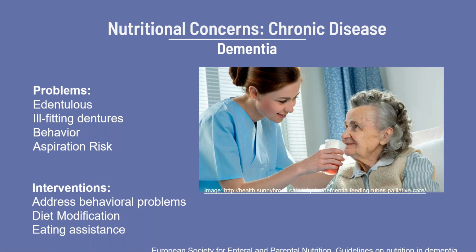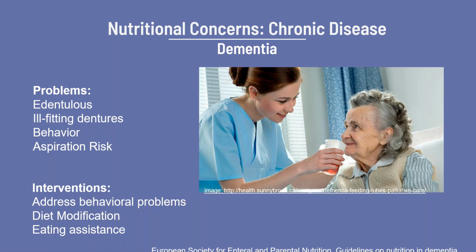Some of these interventions might be, first of all, really to address behavioral problems. So looking at interventions, compensatory mechanisms to implement during the feeding or eating process is definitely an area that needs to be addressed. Also, making modifications in perhaps food consistencies or frequency of food intake can also be helpful in addressing these problems with the dementia patient.